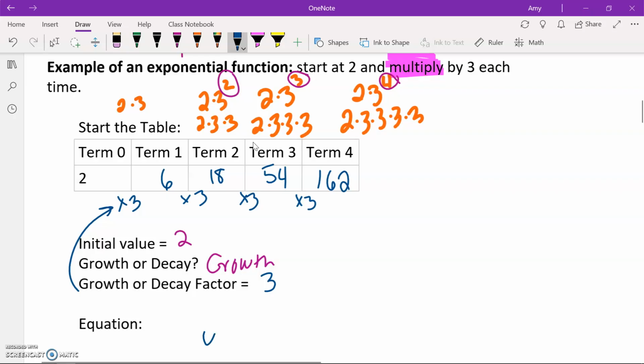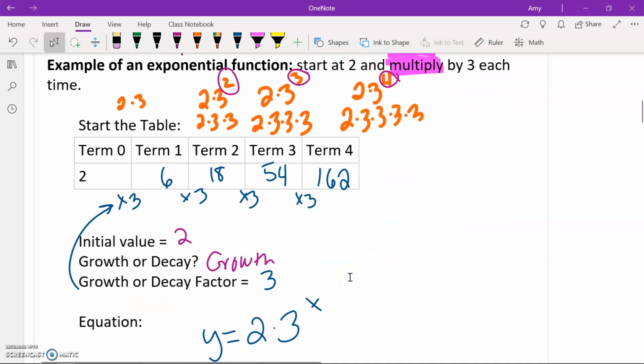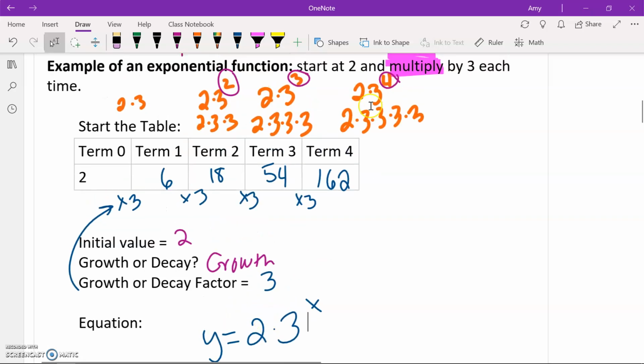So we could write this equation as y equals 2 times 3 to the power of x, because that is how many times we are multiplying by 3. Whereas here, it was how many times we are adding 3. Remember that exponents are just repeated multiplication.